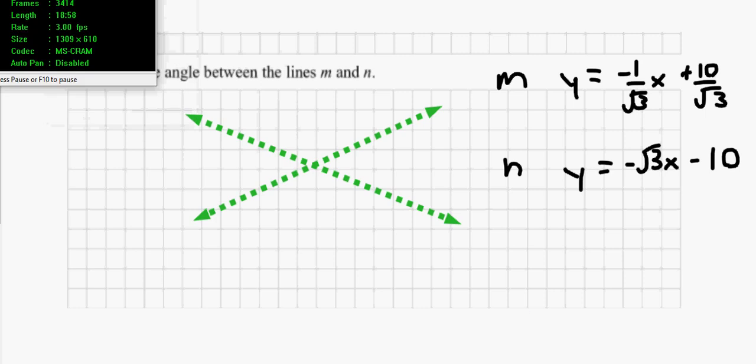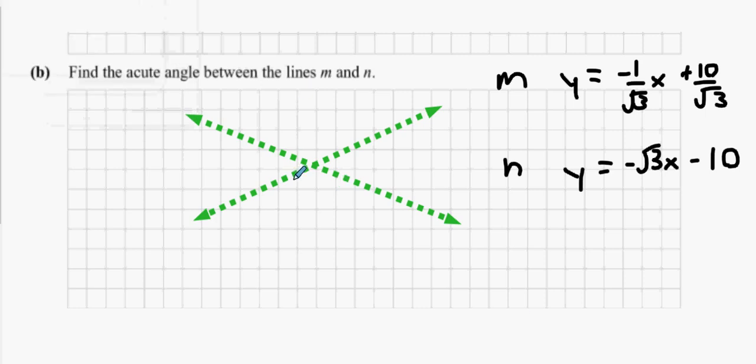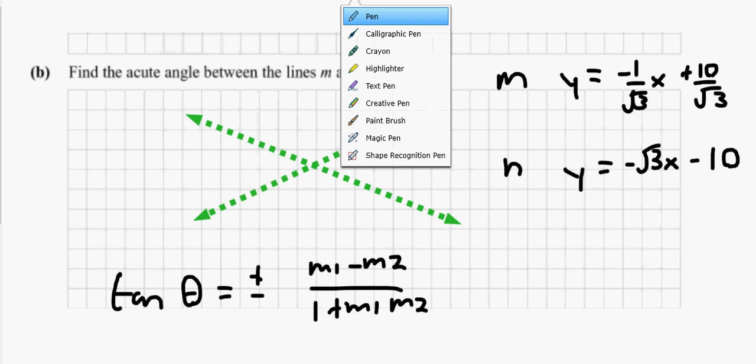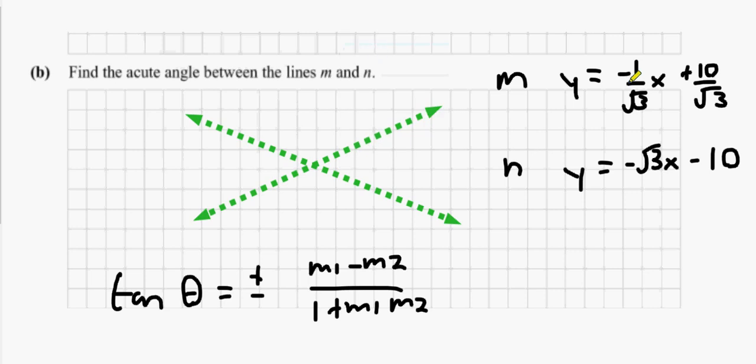Yeah. Now, you're looking for the angle between two lines. What formula is that? Yeah, plus or minus m1 minus m2 all over. Okay. So which ones are which? Call one of them m1 and call the other one m2.